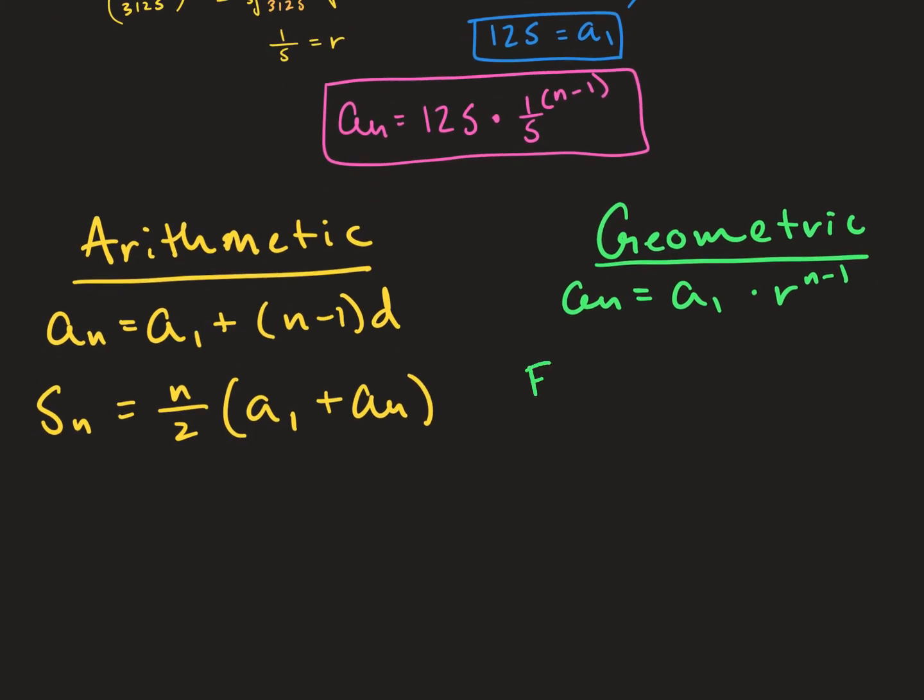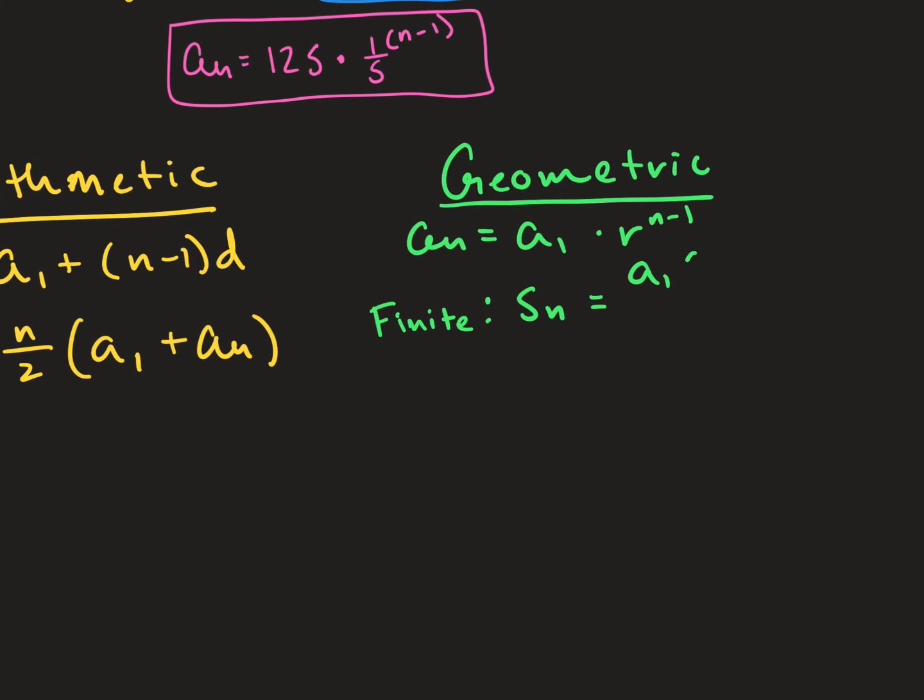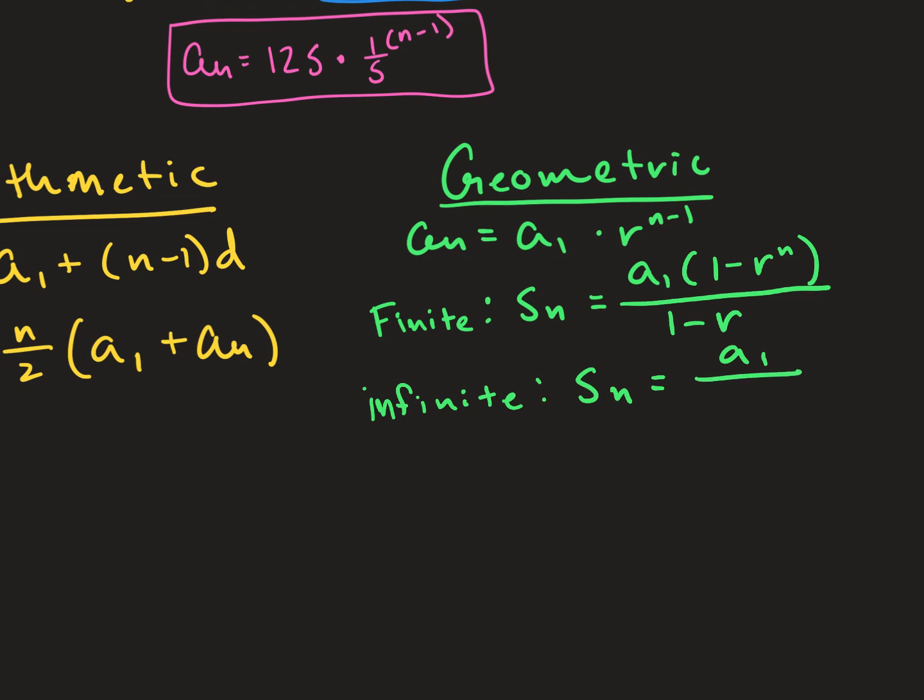So that would be finite, when it has an ending: s sub n is equal to a sub 1 times 1 minus r to the nth power over 1 minus r. And then infinite is the one that's a little bit easier. So it's a sub 1 over 1 minus r.